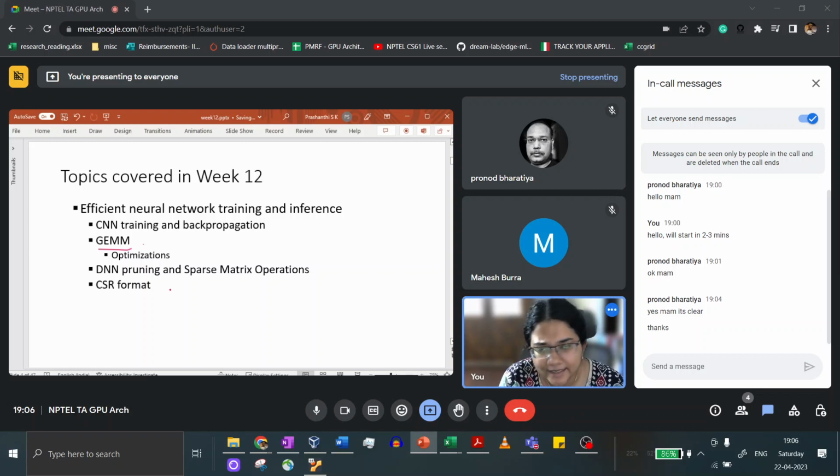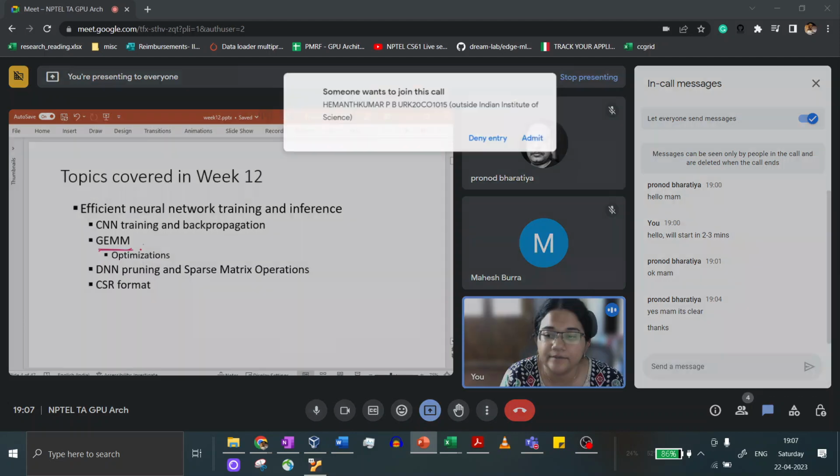In the last class we saw how to convert a convolution operation to a generalized matrix multiplication, a GEMM. Because convolution is the most common layer used in CNNs, optimizing GEMM means that you also optimize convolution and deep learning workloads in general.